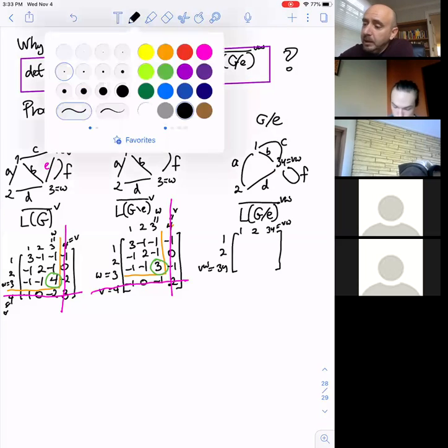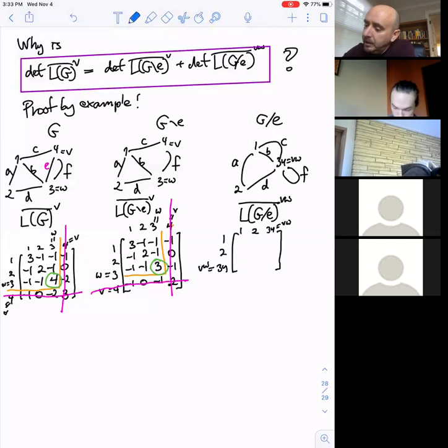But what I claim is, if I look at its little upper 2 by 2 here, but what does that mean? Look at the vertices that are neither V nor W. Everybody except for the VW rows and columns, that little blue matrix that's now 2 by 2, looks exactly the same as in here and in here.